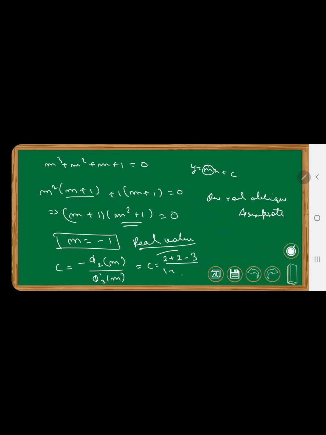So 1 plus 2m, that means minus 2, plus 3m square, so plus 3. So this is 1 minus 2 plus 3, sorry, I'm very sorry, this becomes 2, so the denominator becomes 2. So your oblique asymptote equation becomes y equals minus x plus half.